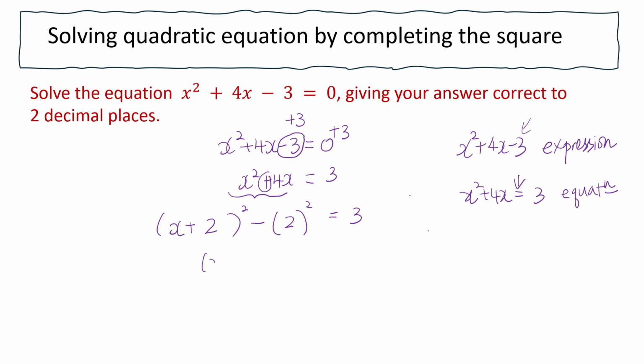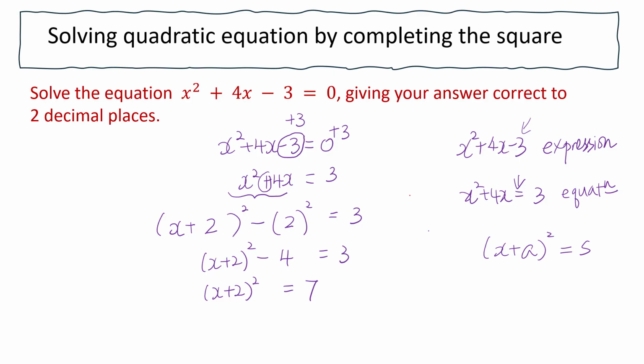So that will give us x plus 2 squared minus 4 equals 3. And then we're going to add 4 to both sides again. That gives me 7. This will remind us of the first slides, solving equations of the form x plus a squared equals s, something like that.